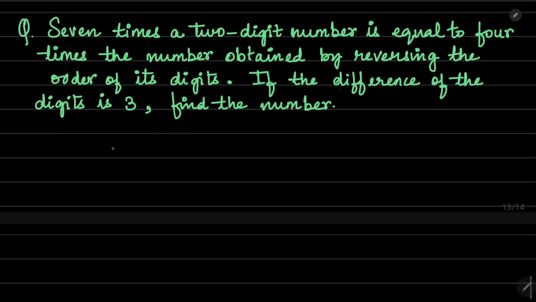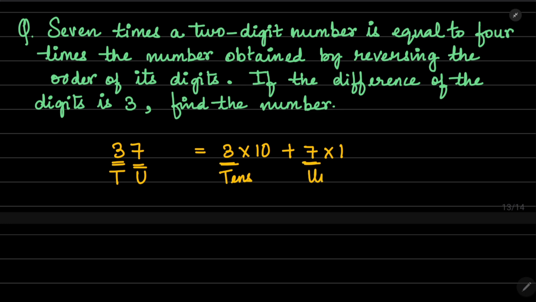Suppose you have a number, say 37. So this is your units place and this is your tens place. You can write 37 as 3 into 10 plus 7 into 1. So your 3 is nothing but your tens and your 7 is your units place.